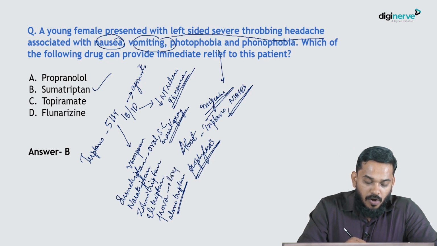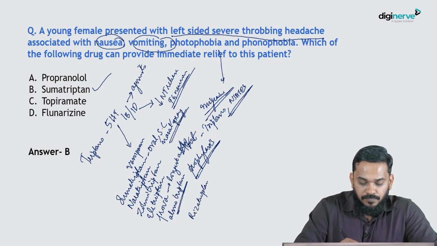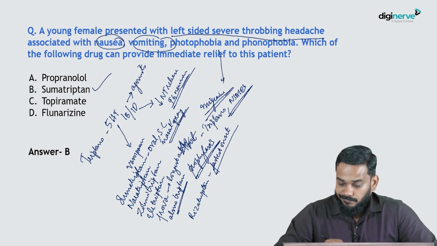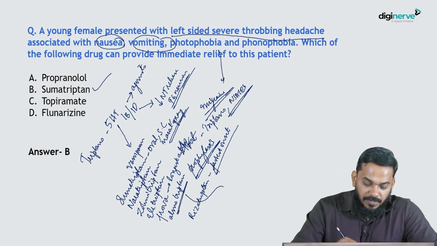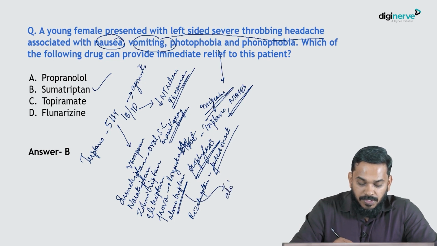Frovatriptan is the longest acting triptan, and rizatriptan is the triptan with the fastest onset of action. Almotriptan is a triptan which can be used in adolescents.